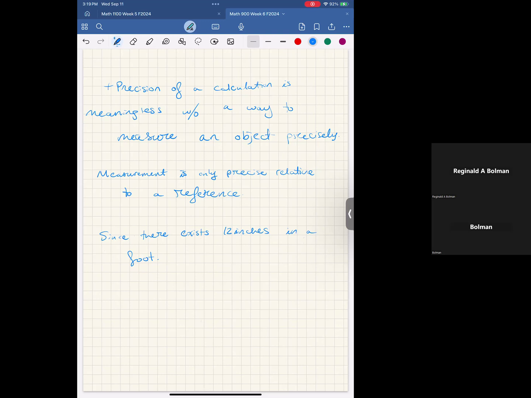So if you were giving your worker an instruction, you need to cut out this piece of metal and it needs to be precise to like a tenth of a millimeter or a thousandth of a millimeter, that worker just simply couldn't do that. He would have no way of completing his task prior to, say, 1851 and or 1848.